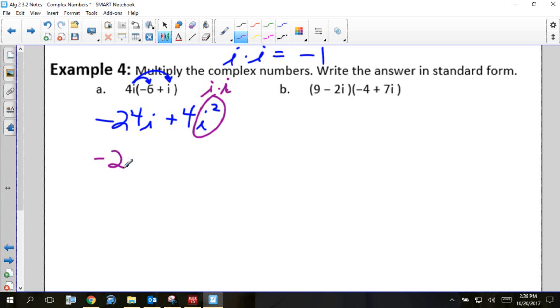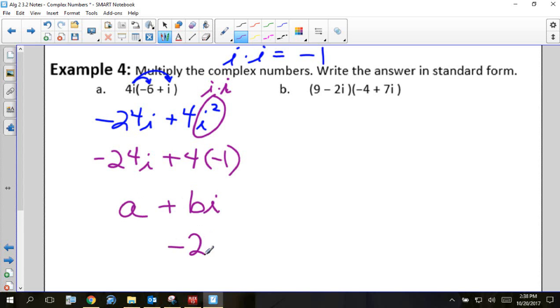So now I have negative 24i plus 4 times negative 1. I'm also going to put my answer in the form of a plus bi, so I'm going to write the negative 24i second. What would be first? Negative 4. Whenever you multiply an i times an i, you have to make it negative 1.